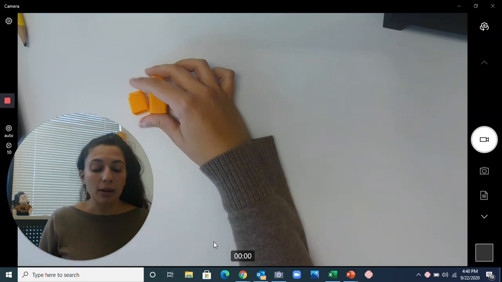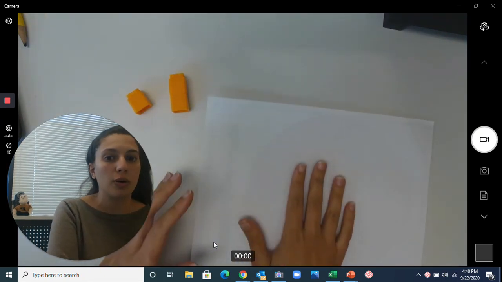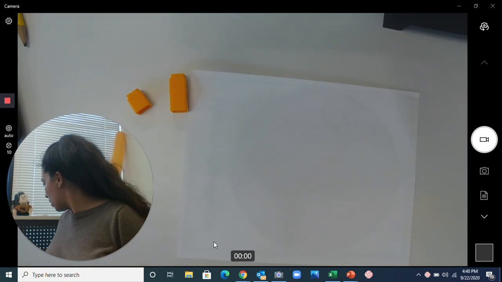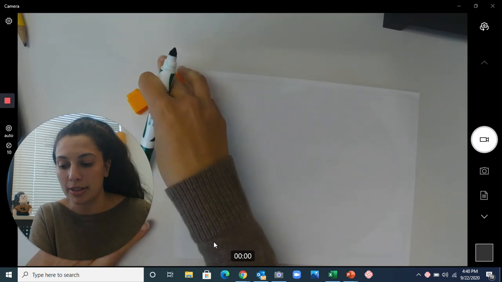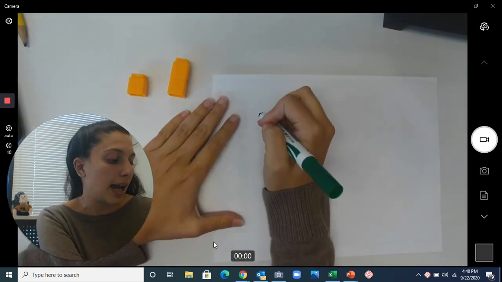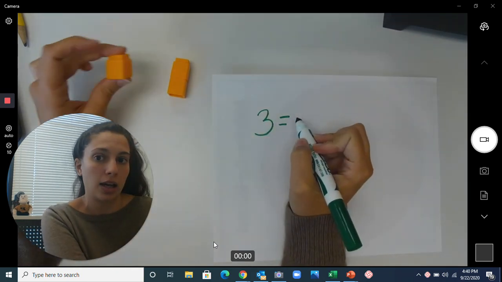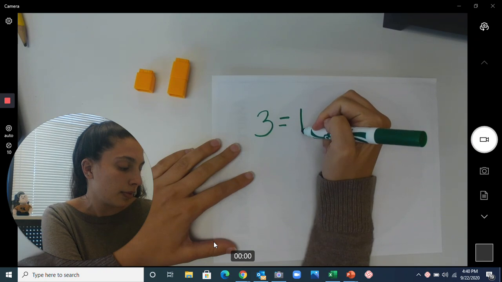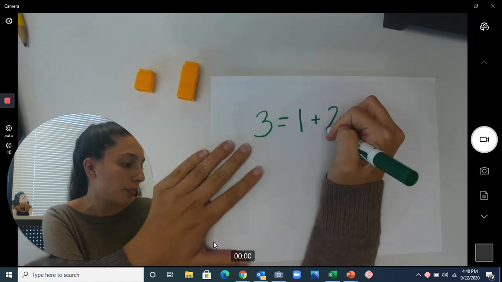So what I am going to show you now is a number sentence. Here on my paper, when I want to show you what that looks like, I can say I had 3, and that is the same as having a tower of 1 and a tower of 2.